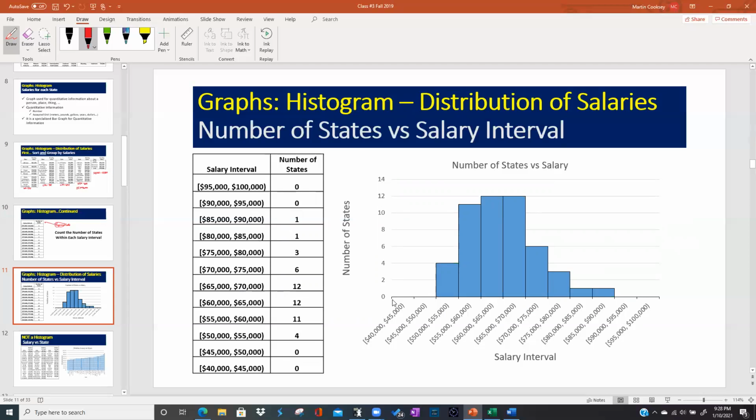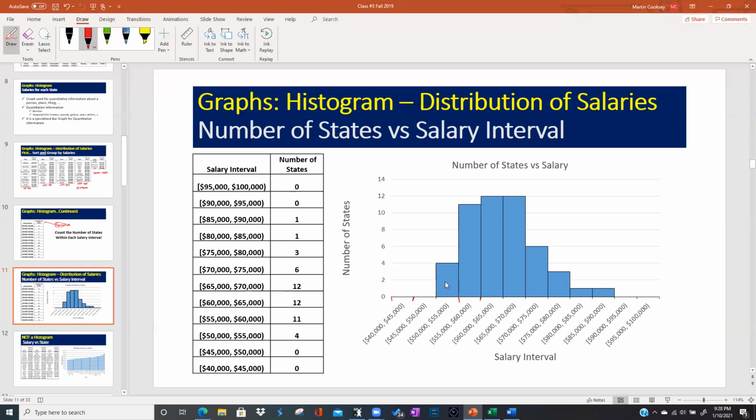And the distance from the lower part of the interval to the upper part, from here to here, graphically is the same as from here to here. So if we take a look at these bars, these rectangles, they're all the same width. And that's what we want for these salary intervals. We want them all the same width, so it's going to be easy for us to compare.